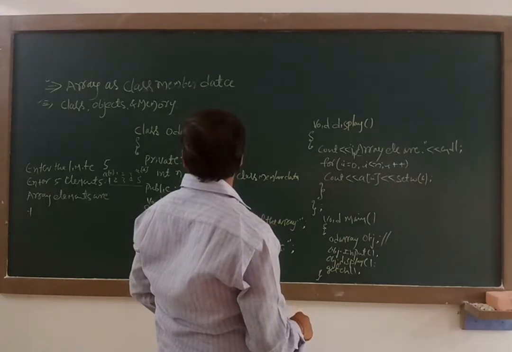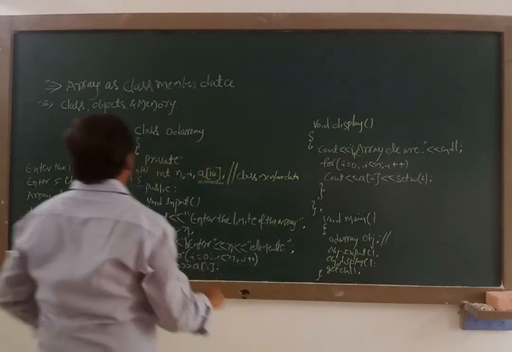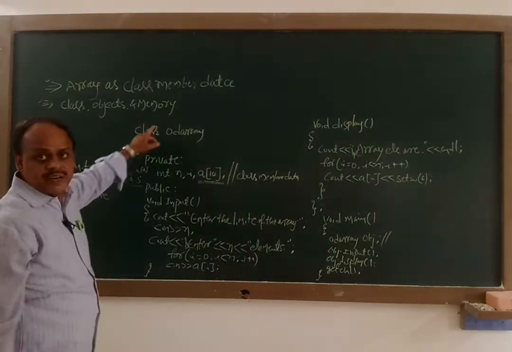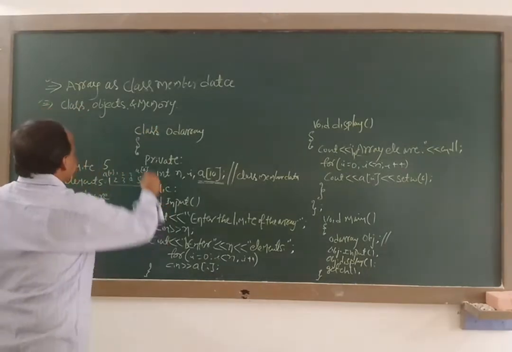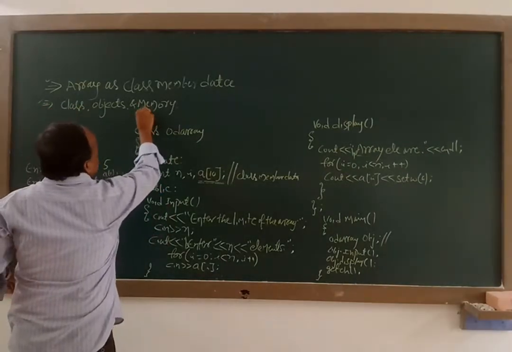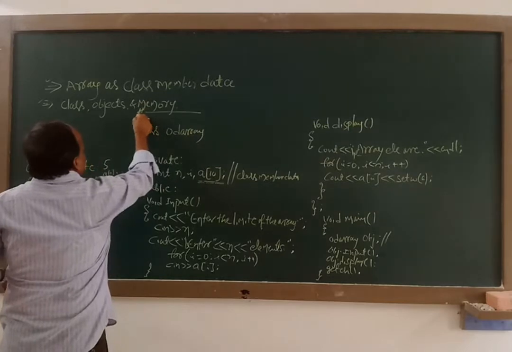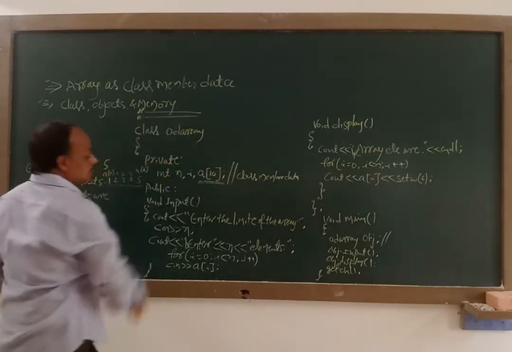I think I forgot the header files here, right? We have to take the header files here. Hash include iostream.h, hash include conio.h.